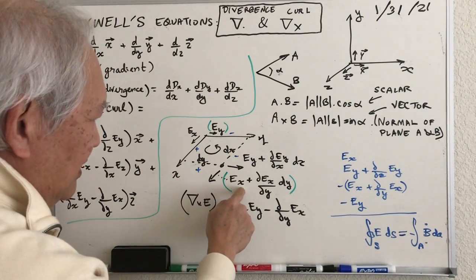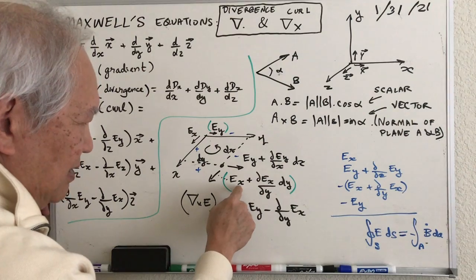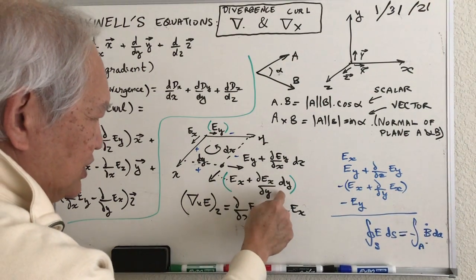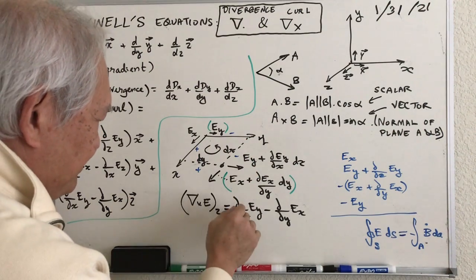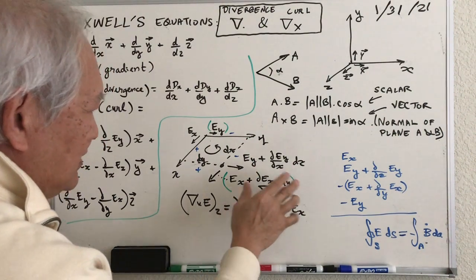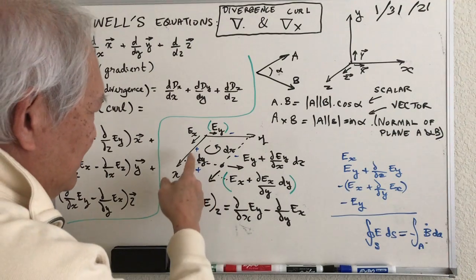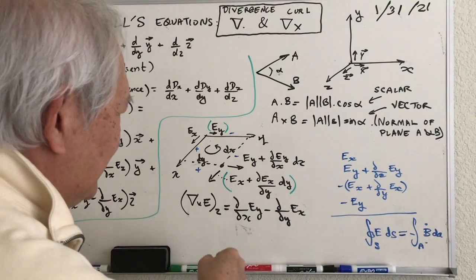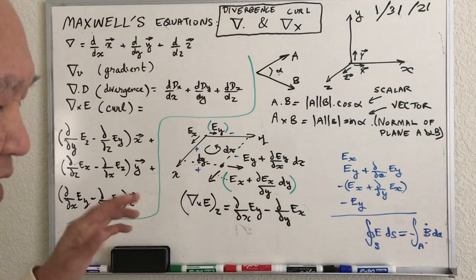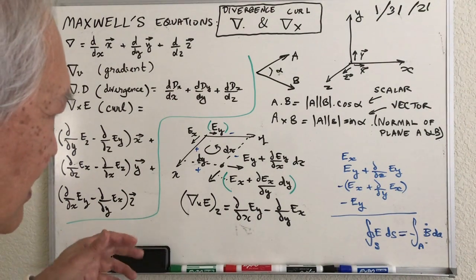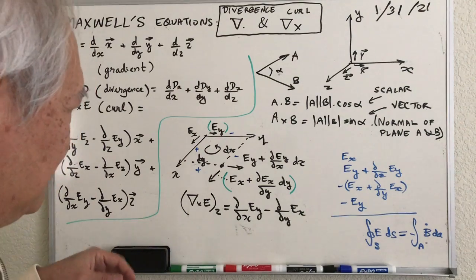On the other end, it is pushed by a velocity of Ex plus the change in Ex with respect to y. There actually is another component of change in Ex with respect to x too, but it is getting into the second order of importance, so we leave it out at this point.